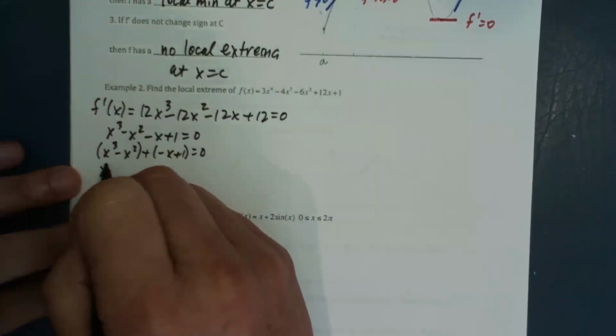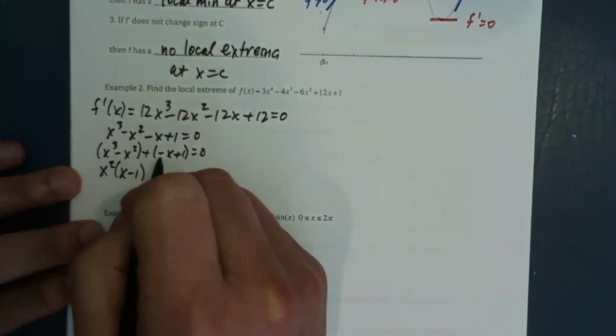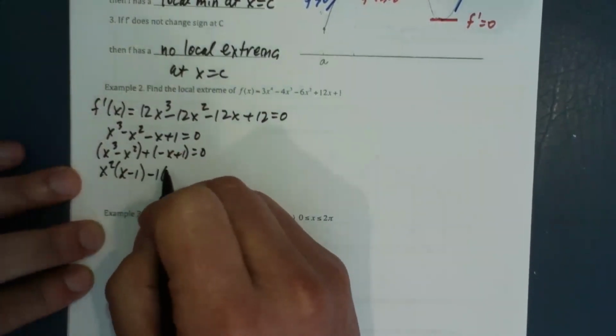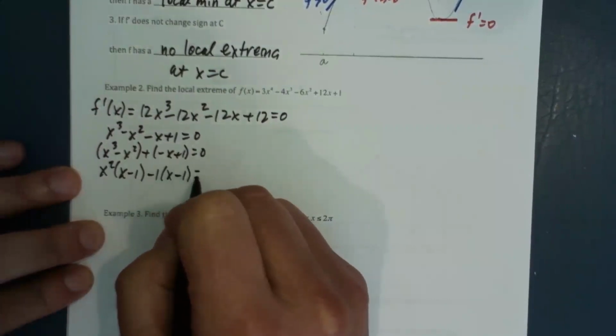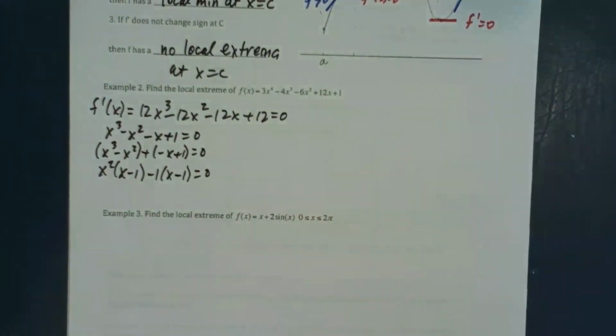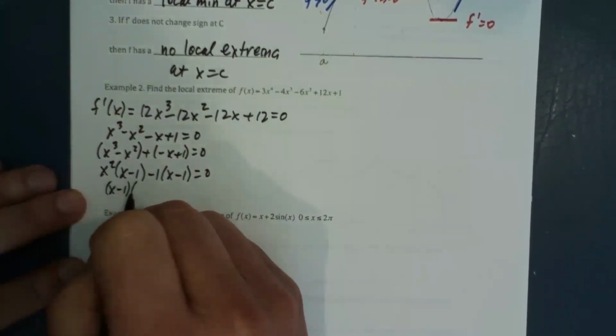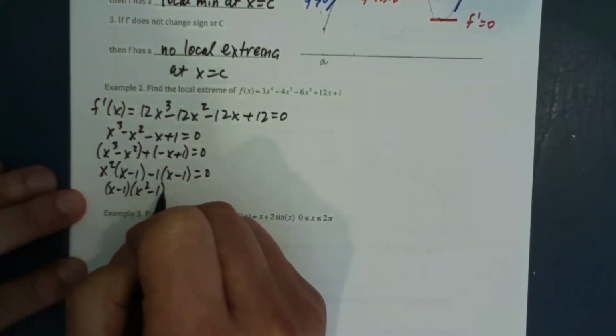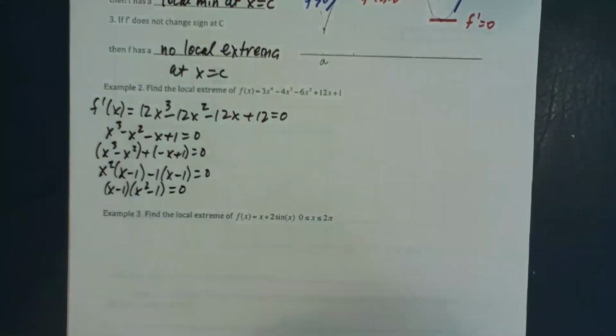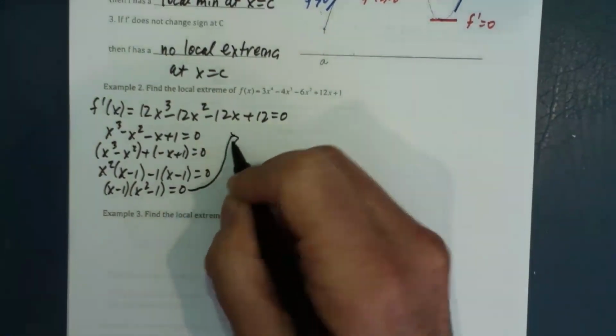Here I'm going to factor out an x squared. Here I'm going to factor out a -1. And we're almost there. I'm going to continue to factor.